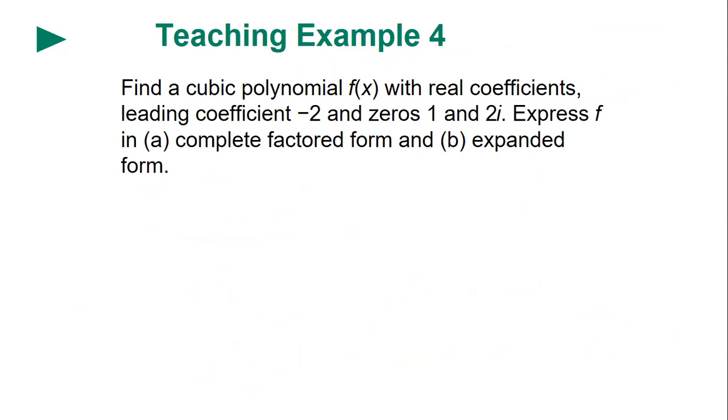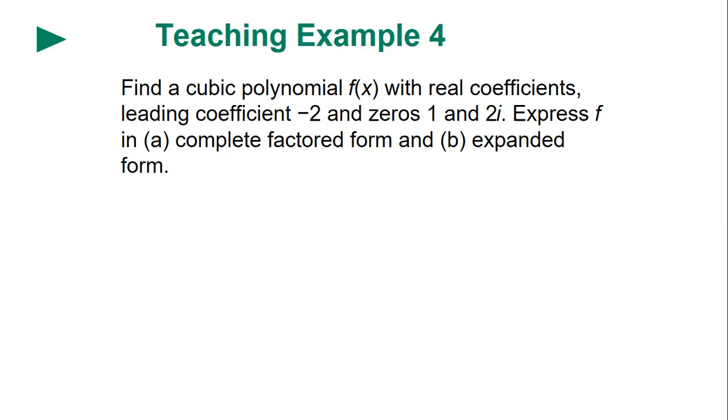All right, so I'm gonna test you out here. Your turn on your own. I'm telling you that you have a cubic polynomial. Your leading coefficient is -2, and the zeros that I'm giving you are 1 and 2i. Completely factor and expand.